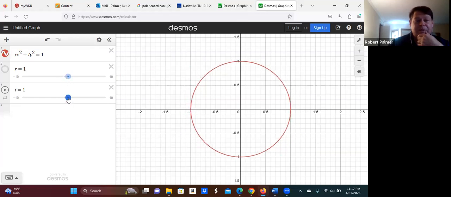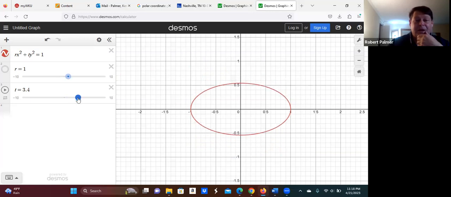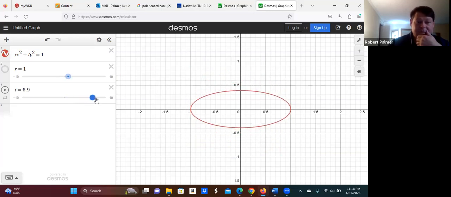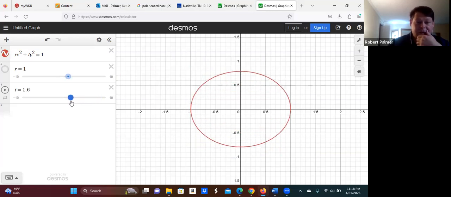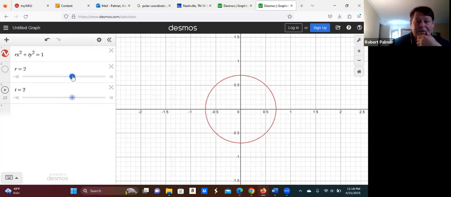Okay. Same thing here. If I enlarge this, I also get an ellipse. Okay. Let's go back to 1. This time let's stop at 2. What I want to show you then is as long as the coefficients in front are the same, I get a circle. Okay. So what that means is that a circle is a type of ellipse.